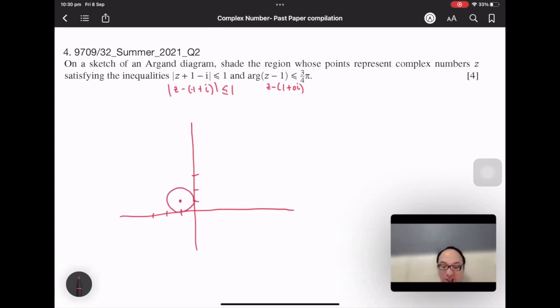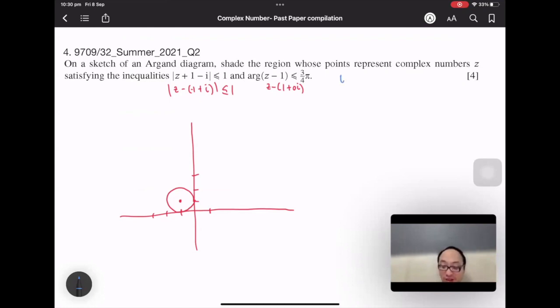And then this one is argument of z minus 1. So it's from 1, 0. And then smaller than 3 over 4 pi. So 3 over 4 pi is a straight line with a gradient of negative 1.